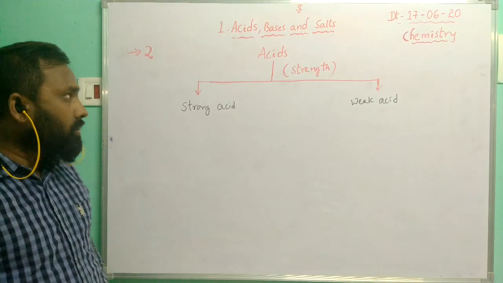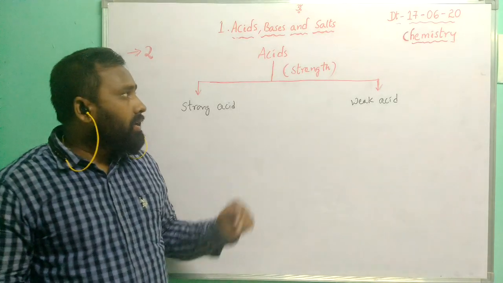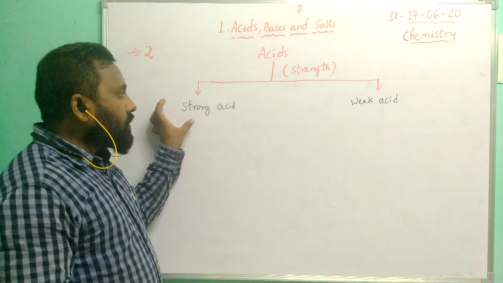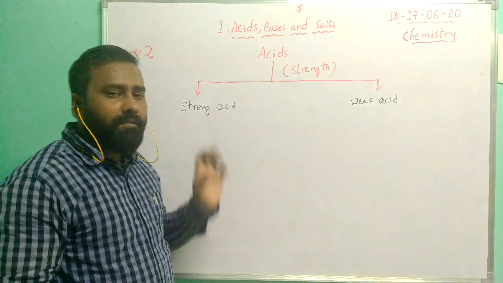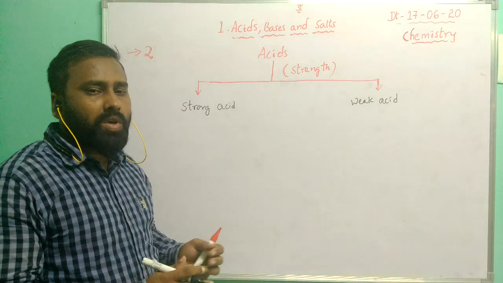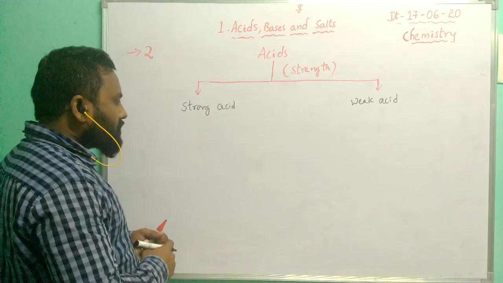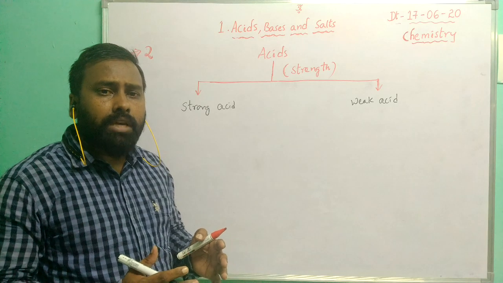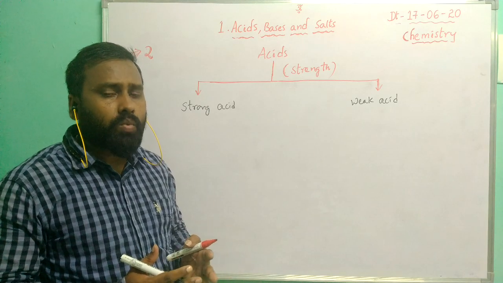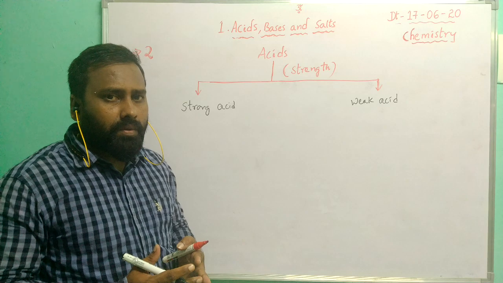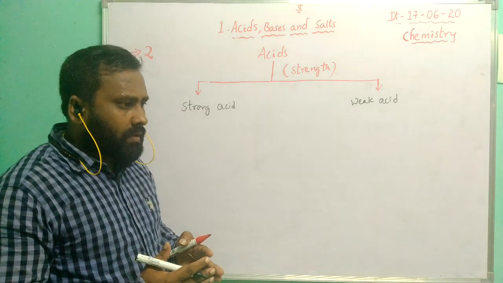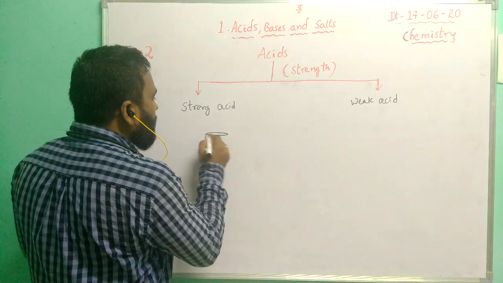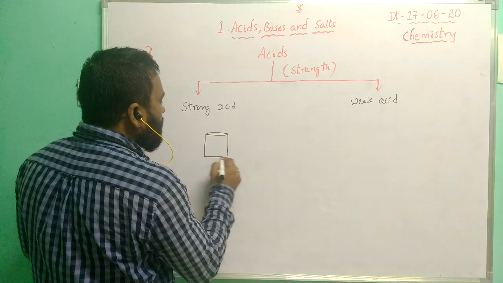Now let us discuss the second classification. Acids are classified into two types based upon the strength: strong acid and weak acid. What is meant by strong acid? Strong acid means the acid which gives more number of H3O plus ions in its aqueous state. For example, this is one beaker.